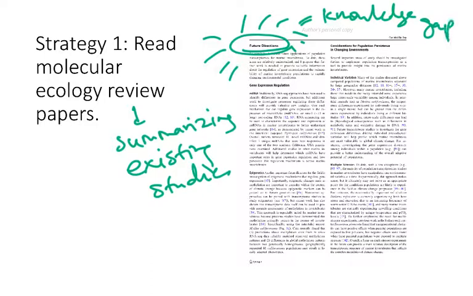The authors of the review paper are saying these are important questions we still have that haven't been answered yet. So that's exactly the type of thing that you want to look for when you're reading a review paper, these future directions. And I will provide some links to some potential starting review papers in the module this week.